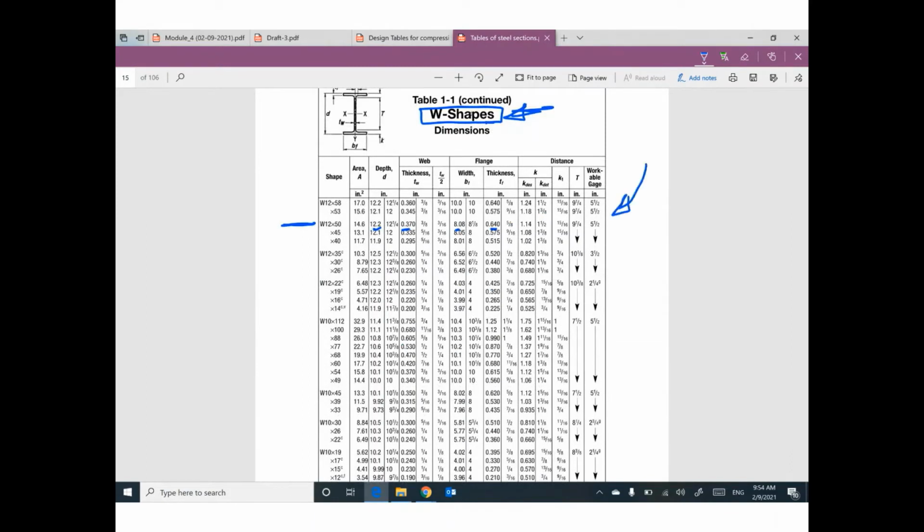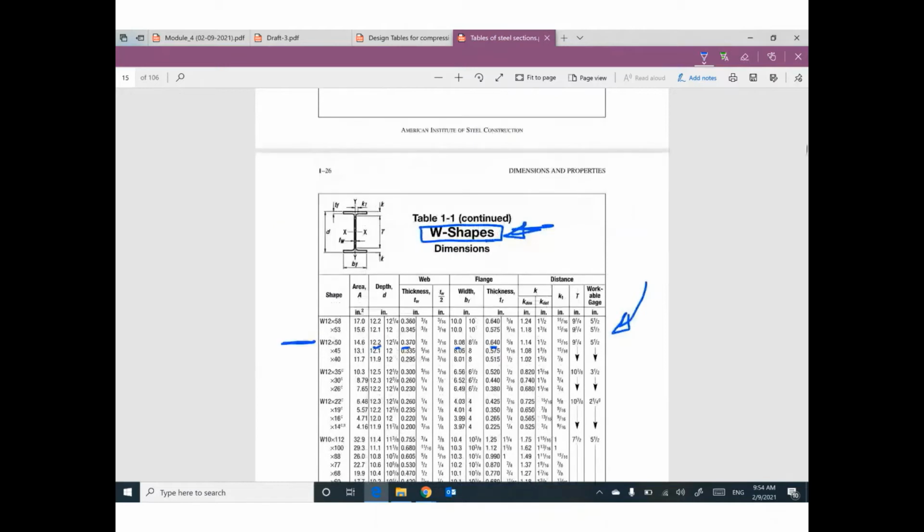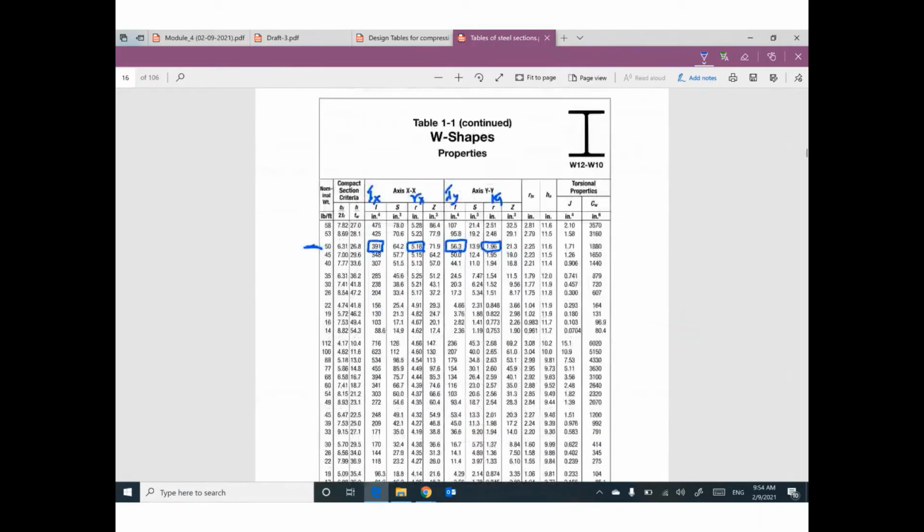This page will give you the different dimensions, like depth, thickness, and width of the flange, all of this stuff. And the second page will give you the section properties about the x-axis and about the y-axis. This is how you can use the table of cross sections.